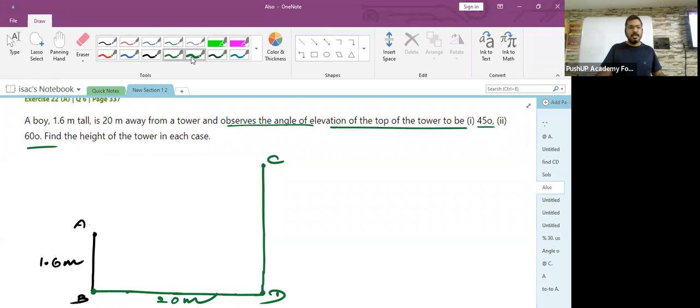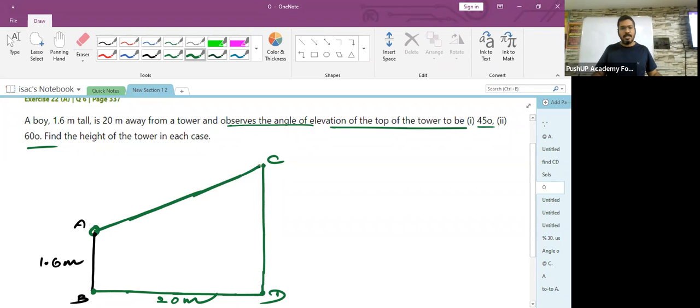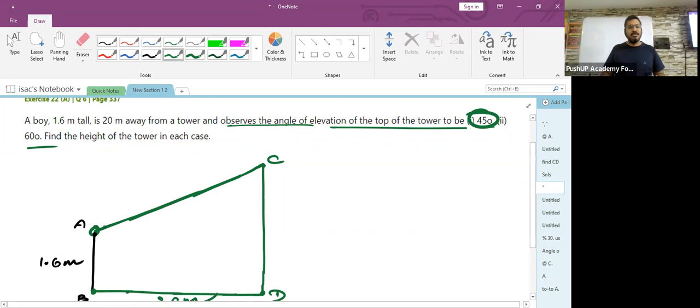From this point A, this boy is looking at the top of the tower. Where is the top of the tower? At point C. Now, how much is the angle of elevation? In the first case, it is 45 degrees. So at this point A, you have to show the angle of elevation 45 degrees, isn't it?